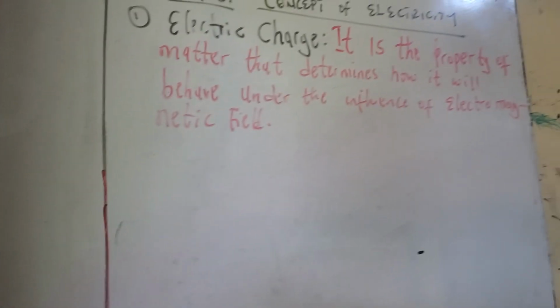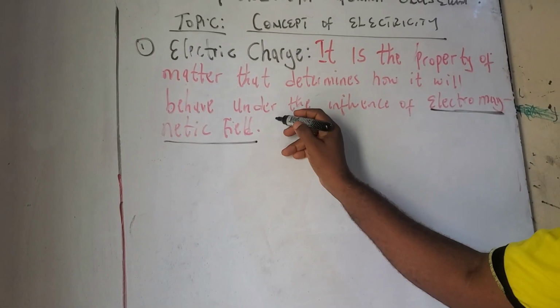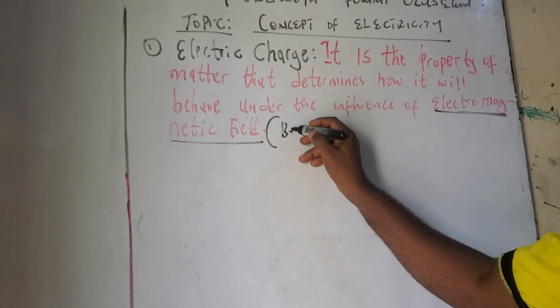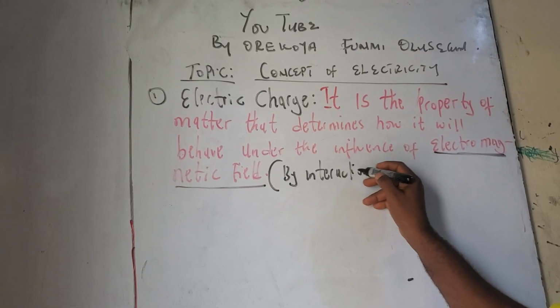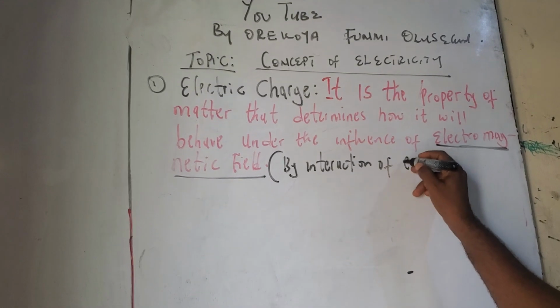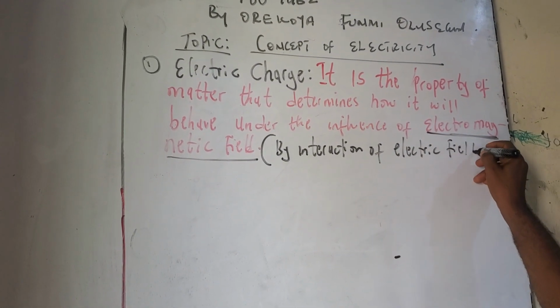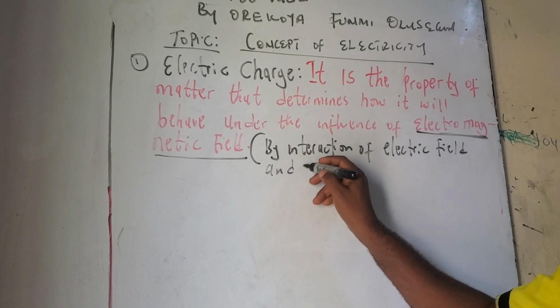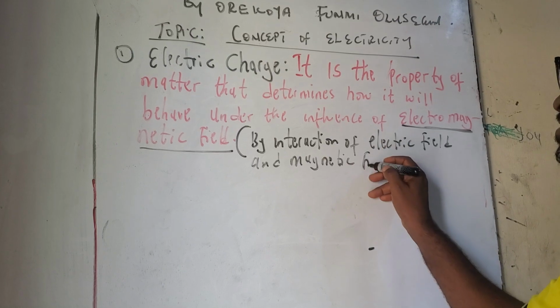Now, electromagnetic field is formed by the interaction of electric field and magnetic field.